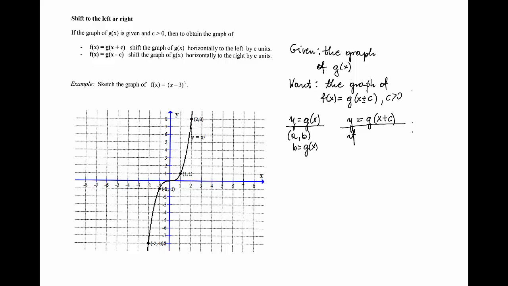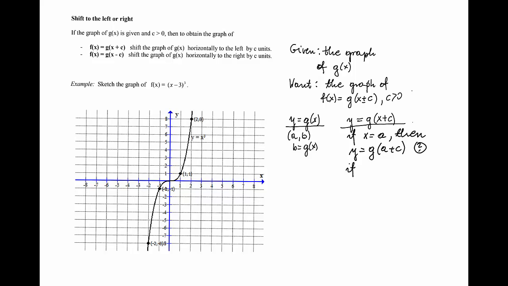So if I choose x equal a, then the value of y is going to be g of a plus c. I don't even know whether a plus c is in the domain of g, so I don't know whether this value even exists.